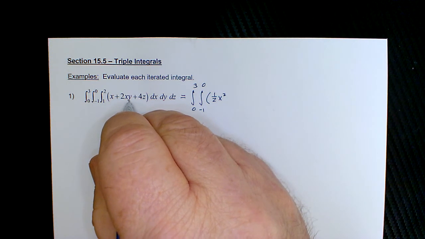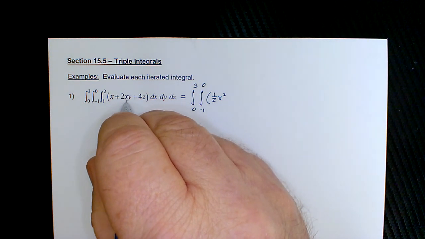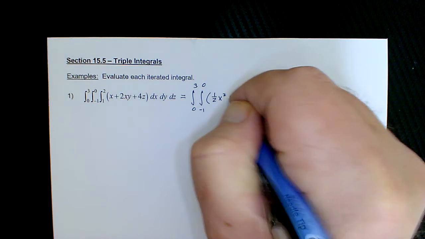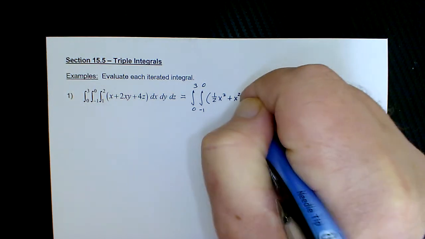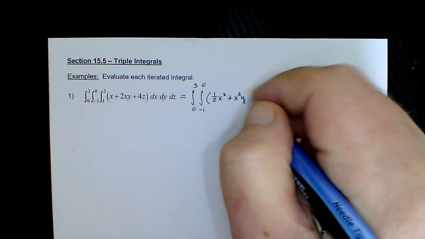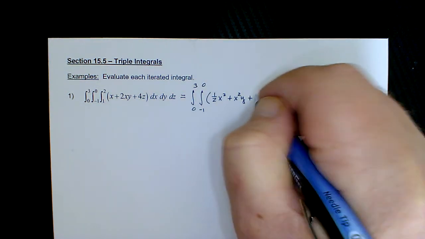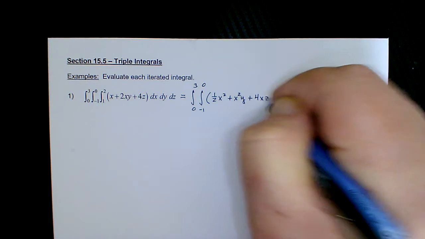Y is held as a constant, so 2x integrates to be 2x squared over 2, so just x squared, so plus x squared y. And then 4z is a constant, so we just pick up the x, so 4xz.